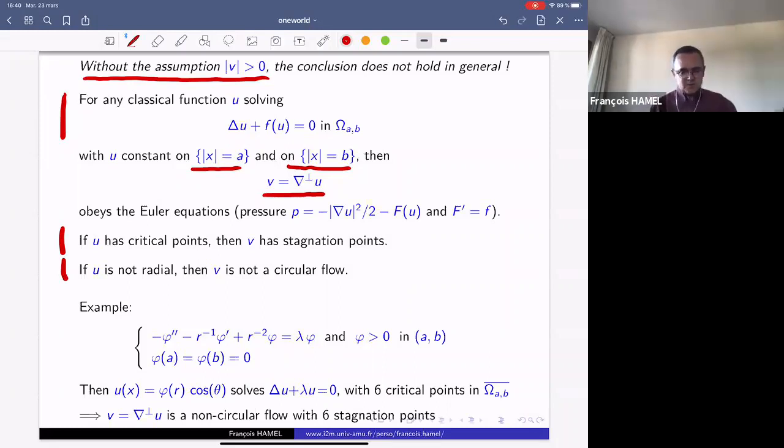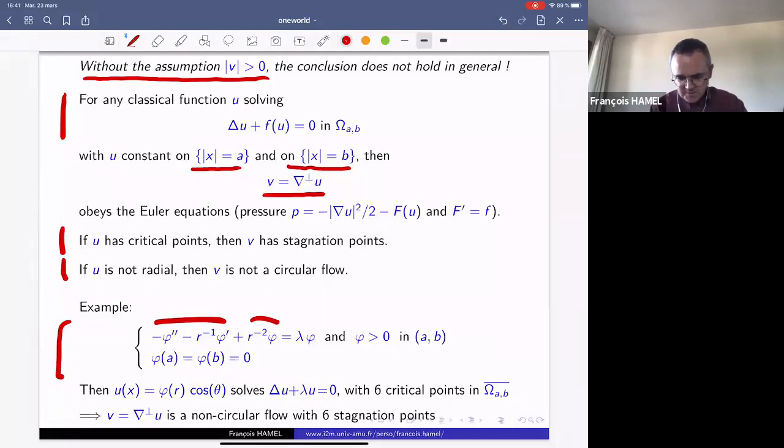So, for instance, consider this principal eigenvalue problem, which is a problem in 1D, in the interval AB. We consider this operator, where the first two terms stand for the Laplacian of a radially symmetric function, and then we have an additional term, r minus 2 times phi.